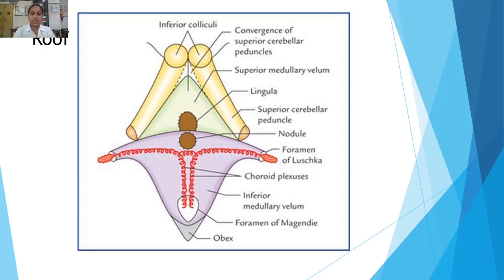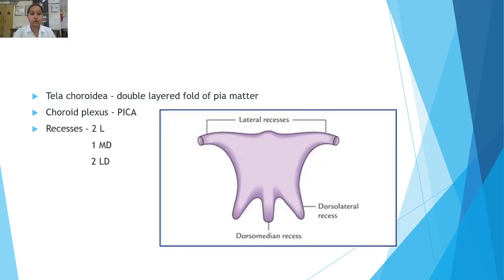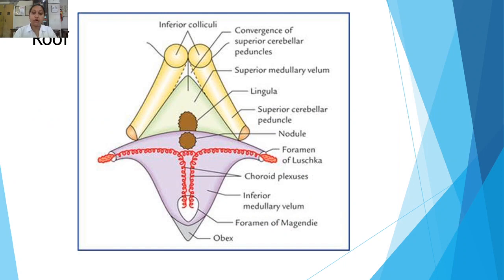This choroid plexus is situated in the two folds of pia mater. The ventral fold forms the roof, and dorsally it is reflected on itself on the ventral surface of the cerebellum.